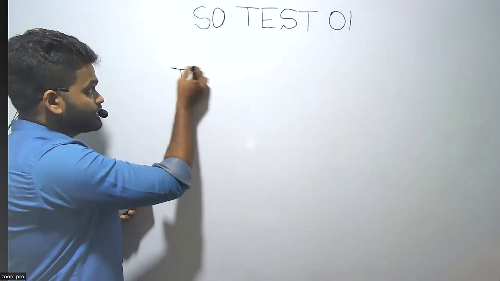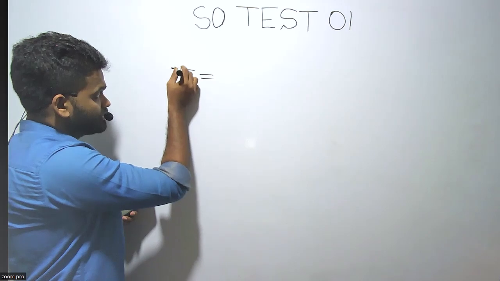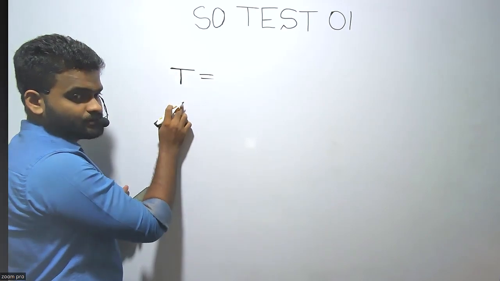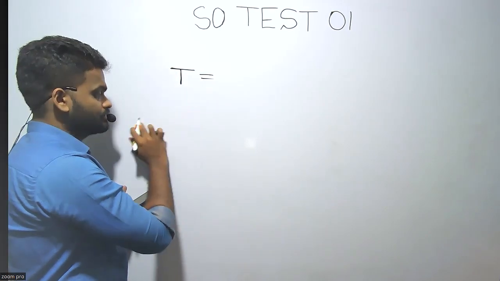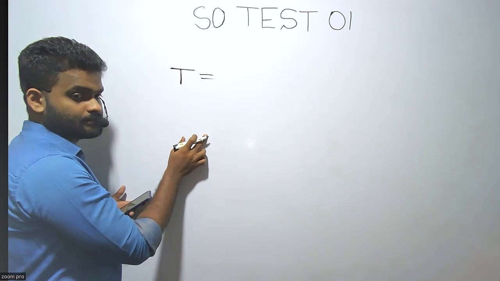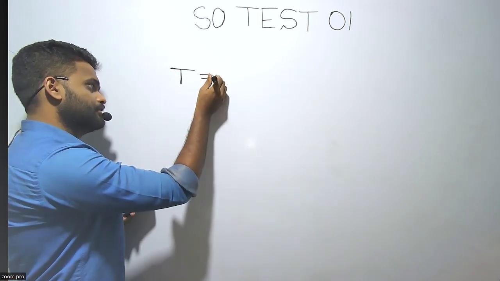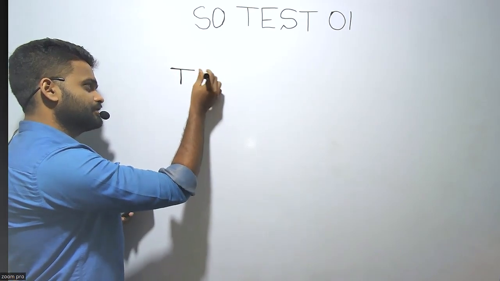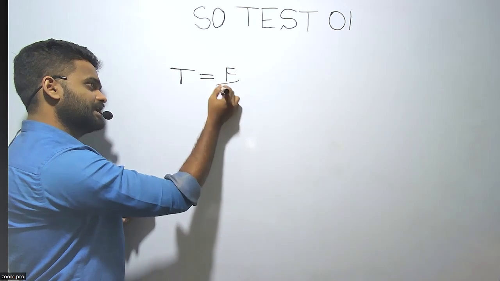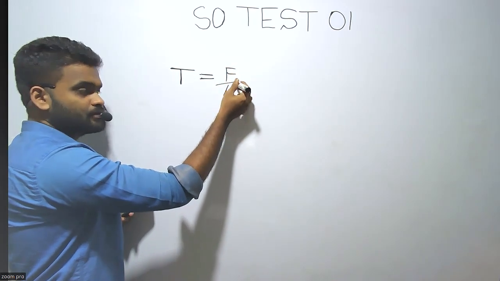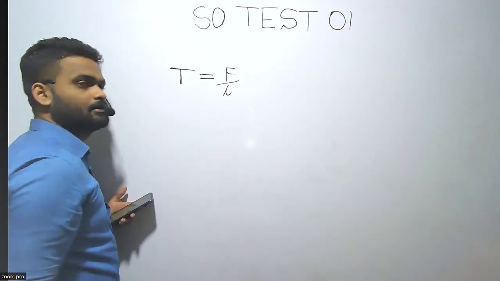Surface tension is a property of materials, of liquid surfaces. You don't need to know all those. But here, surface tension is a force per unit length. So per unit length means you need to divide by the length.